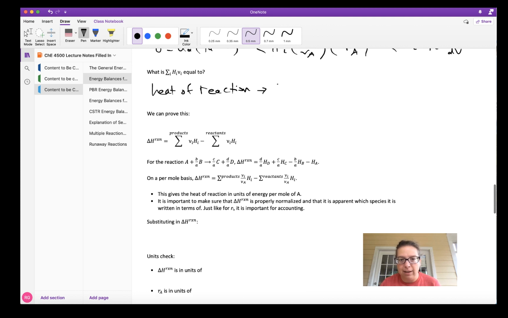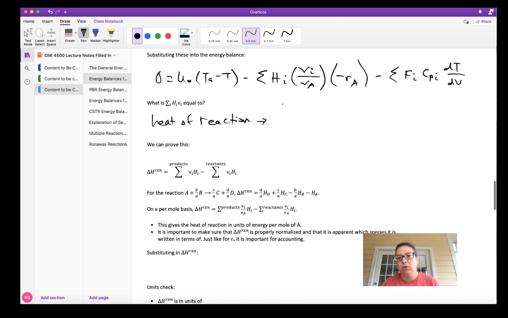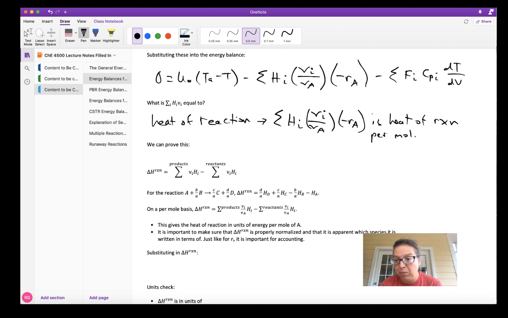When we take this on a per stoichiometric coefficient of A basis, so the sum of Hi nu i divided by nu A, that is the heat of reaction per mole of A, or per mole of limiting reactant.